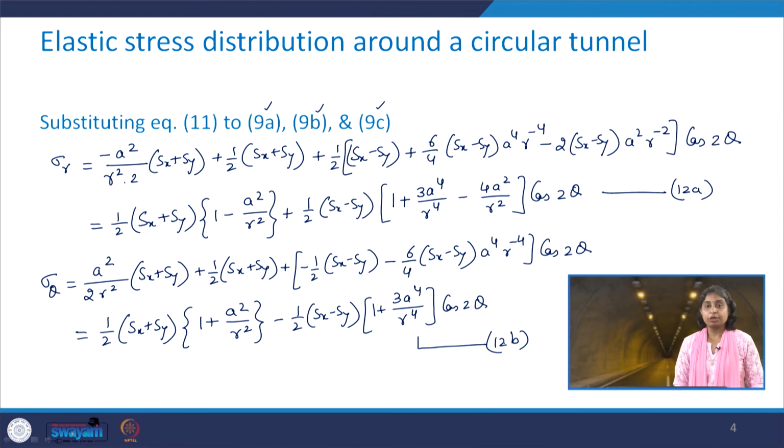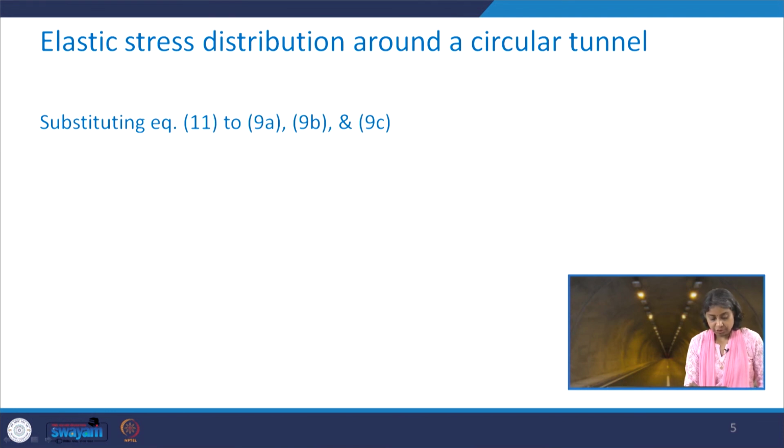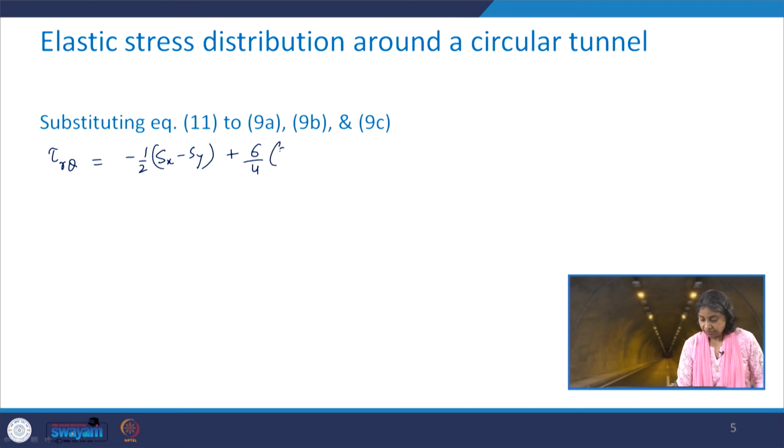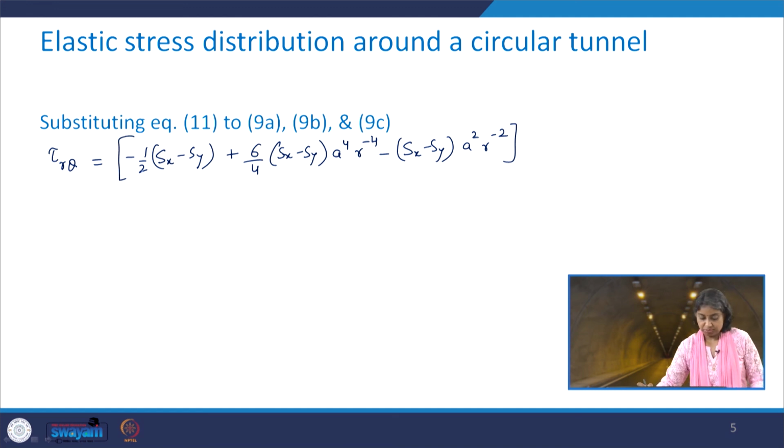Now, we have another equation which is for tau r theta. So, let us do that as well. So, we have tau r theta will be equal to minus half sx minus sy plus 6 upon 4 sx minus sy a to the power 4 r to the power minus 4 minus sx minus sy a square r to the power minus 2, and this whole in a box bracket and the multiplication by sine of 2 theta.